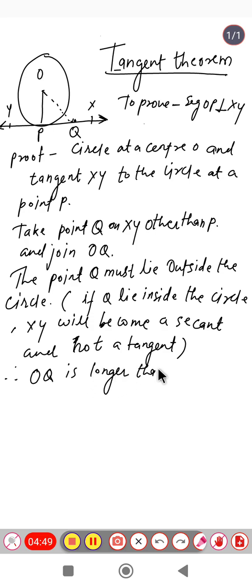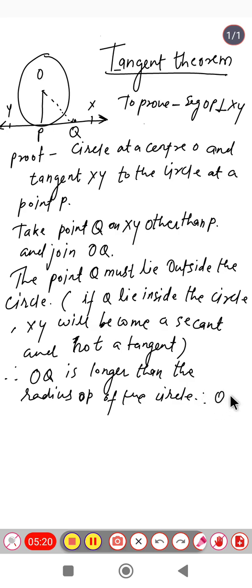You can see here that OQ is longer than the radius OP of the circle, that is, OQ is greater than OP. Here it's OP. You can see that OQ is greater than OP.